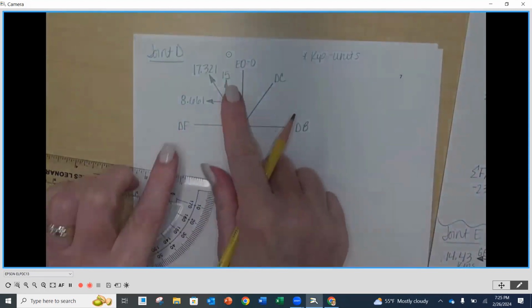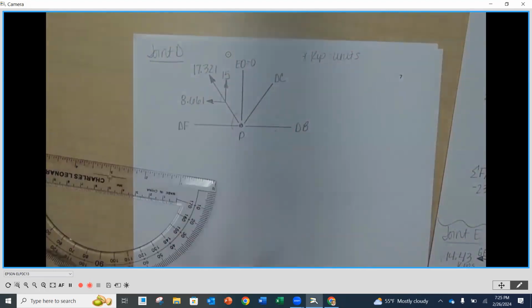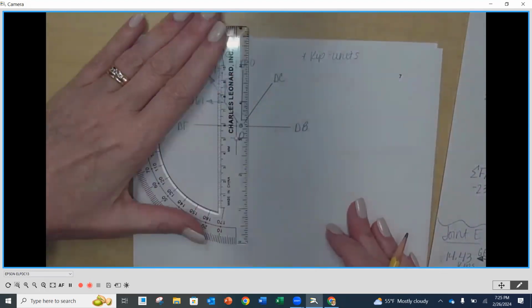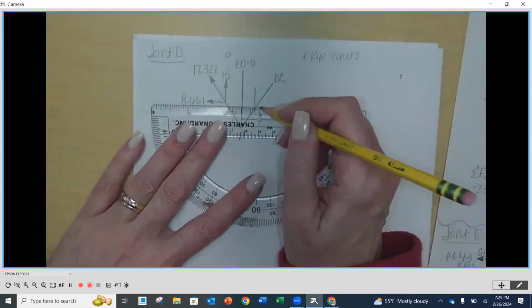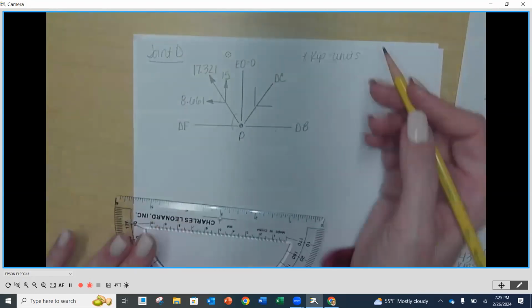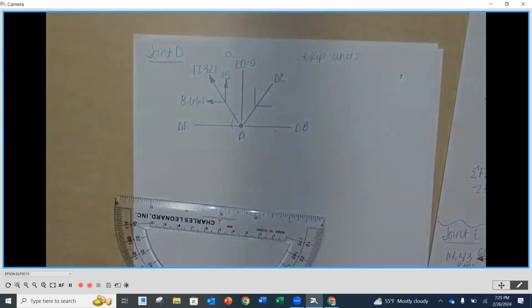Again, I'm just keeping the kips off right now because there's just not room there, but I have a little note. I don't want to forget about them. And then I'm going to add my X's and my Y's here. And then we'll move around and decide if we can figure out directions.